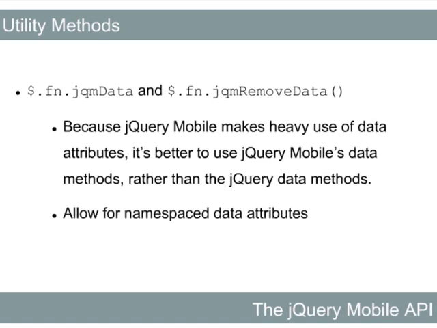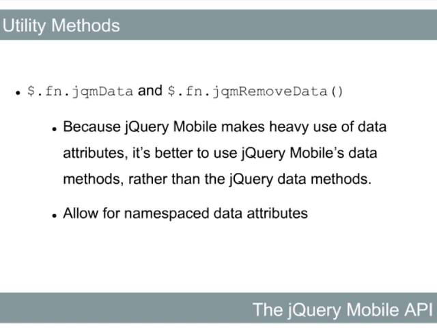And then the utility methods, there are several of them. The big one to remember is, if you're like me and you use the jQuery data method, I love the jQuery data method. I think it's a brilliant thing. I love being able to attach arbitrary data to elements, and it's something that I do a lot. But because jQuery Mobile makes heavy use of data attributes, you don't want to use the base jQuery data methods.